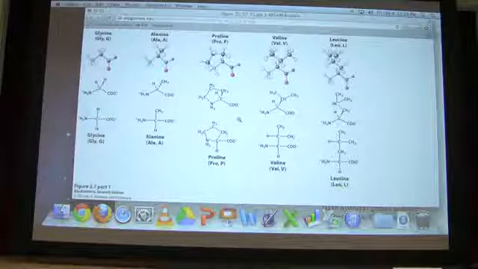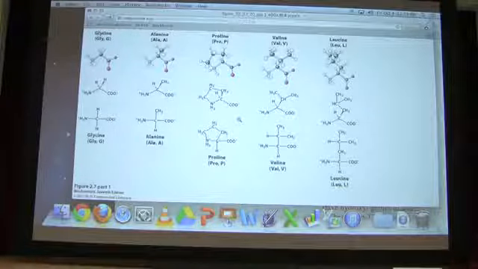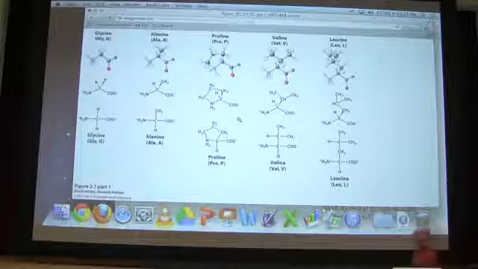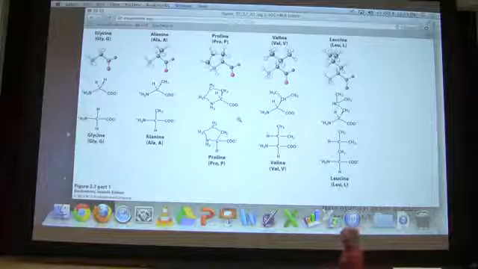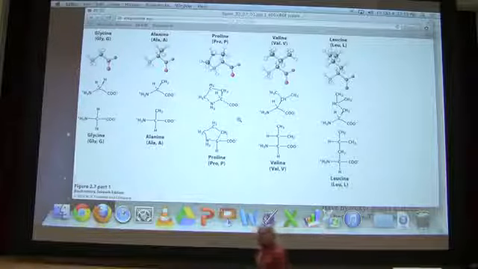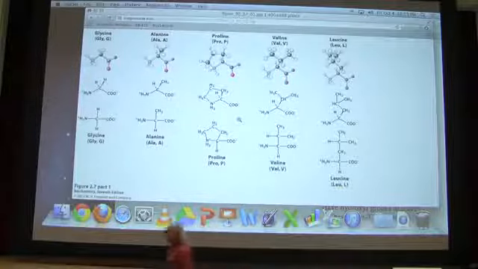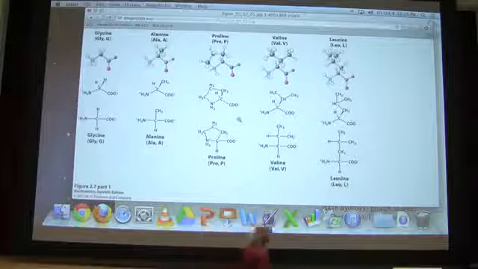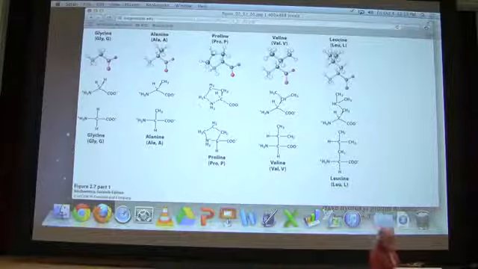All right? So if you look at a different book, you may see, oh, well, they don't put glycine in this group. They put glycine in a different group. Don't worry about that. What are you responsible for knowing of what I'm showing you here? Well, you're responsible for knowing the group that any amino acid belongs to.